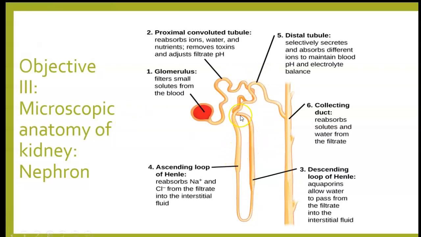Then it's going to travel up here to the distal tubule, which is going to selectively secrete and absorb different ions to help maintain our blood pH, so that our blood isn't too acidic or basic, and also maintain our electrolyte balance. And as it travels through here, it will then eventually go down into these collecting ducts, and in these ducts, solutes and water will get reabsorbed from the filtrate before it continues down to become urine.